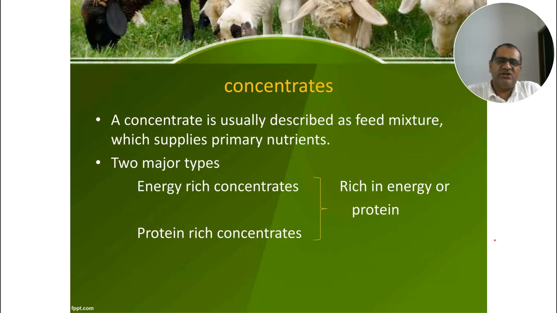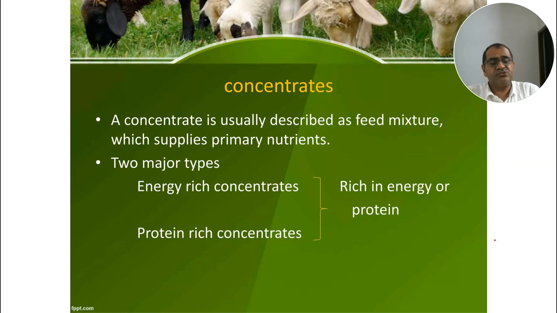Whereas a concentrate is usually described as a feed mixture which primarily supplies nutrients. So two types of concentrates are there. Number one, energy rich concentrates. The other is protein rich concentrates.